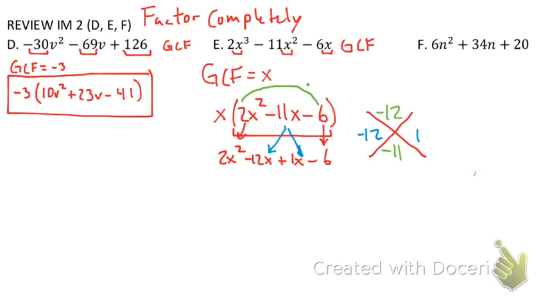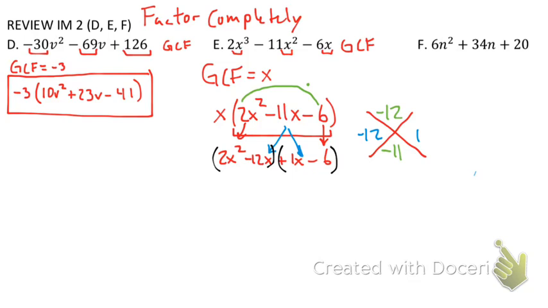So again, the 11x has turned into these two. Okay? Now if you notice, my problem now has 4 terms. We can now factor by grouping. So I'm going to group the first 2 terms together, second 2 terms together, and we're going to factor by grouping.